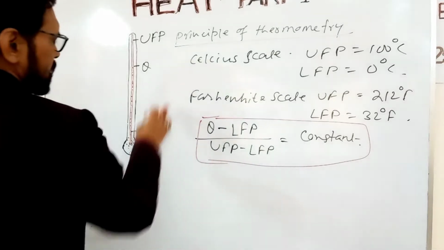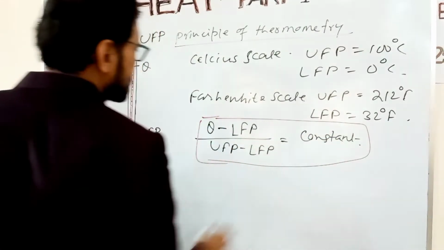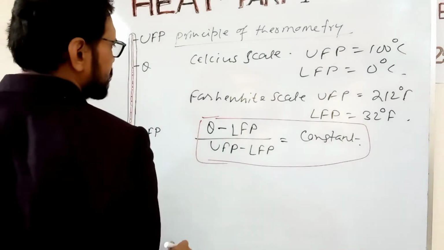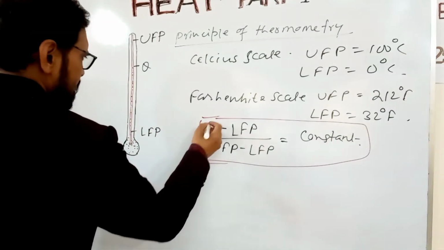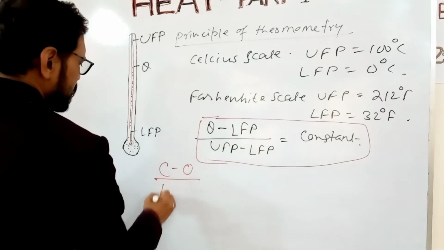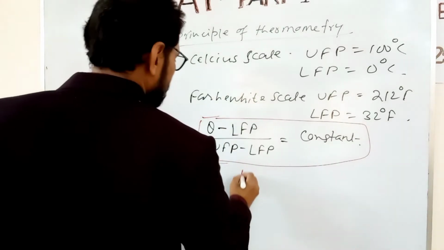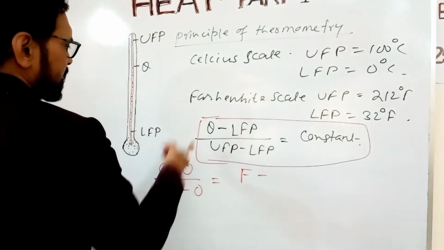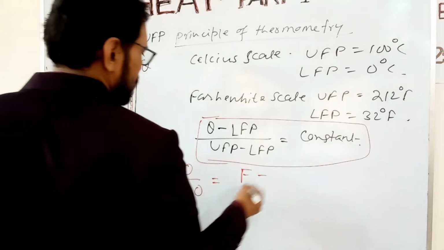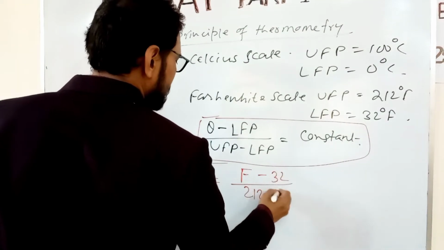If we use this principle for Celsius and Fahrenheit scales, what is the relation between them? Suppose the Celsius temperature is C, minus lower fixed point 0, over upper fixed point 100 minus 0, equal to the Fahrenheit temperature F minus lower fixed point 32, over 212 minus 32.